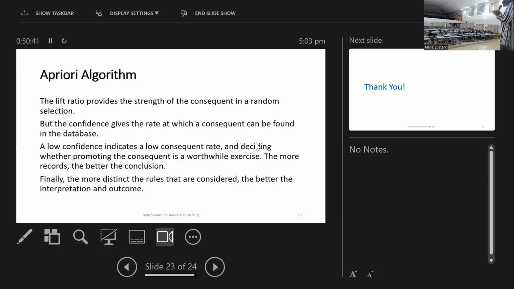So as much as possible, give more distinct categorizations, and then you'll be able to get more insight into the data, as to whether actually it is sugar bread that goes with bread instead of butter bread. But when we just use bread, then it's too broad. So the more distinct the items you use, the better.